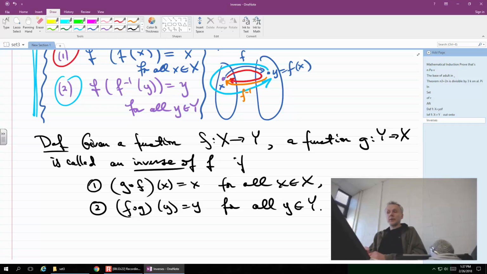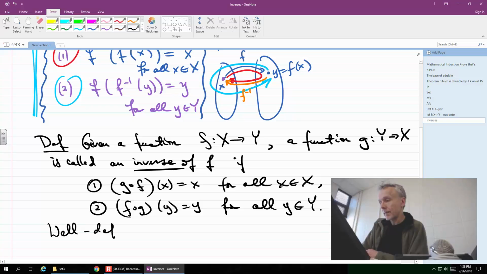Two conditions to be satisfied. Once we start examining it, we try to demonstrate the two things we worry about when we ask ourselves whether it is well defined: existence and uniqueness.